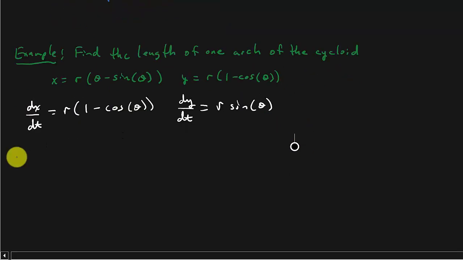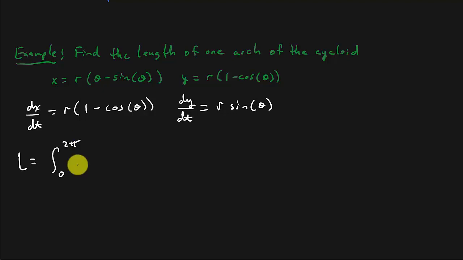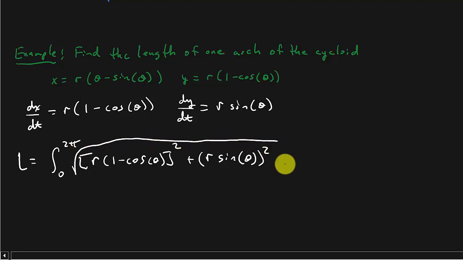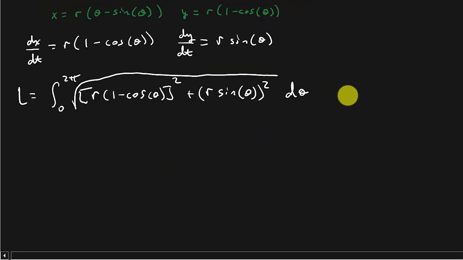So the length is going to be from 0 to 2 pi, and I explained in the previous problem how we got that. We're doing one arch, so that's the square root of r times 1 minus cosine theta squared plus r times sine theta squared, d theta.